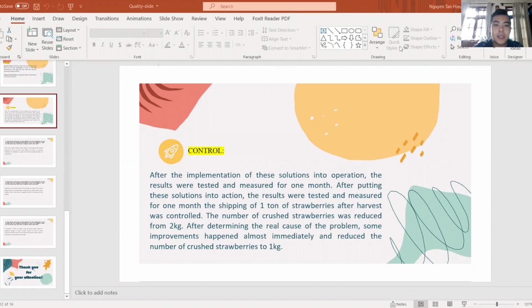Control. After the implementation of this solution into operation, the results were tested and measured for 1 month of shipping of 1 ton of strawberries after harvest was controlled.